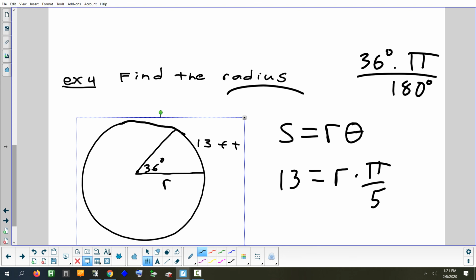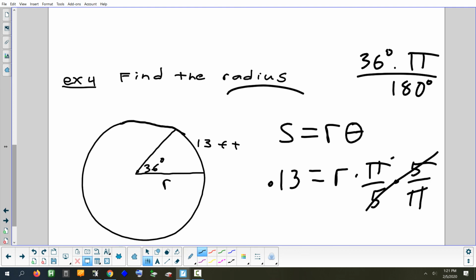Okay, so now we want to get r by itself. We can move the pi and the 5 at the same time to the other side. Does anyone remember what you multiply both sides by when you have a fraction next to your variable? Yep, it's the reciprocal. What's the reciprocal of pi over 5? So 5 over pi.